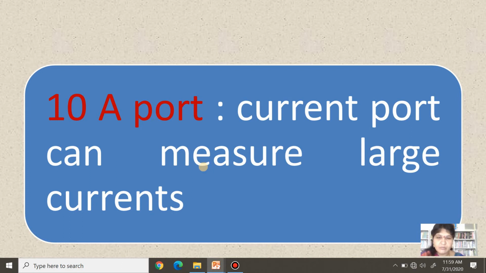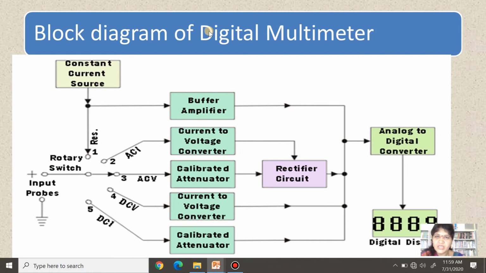Now let us come to the block diagram of the digital multimeter. Since it is used for voltage, current and resistance measurement, the block diagram covers the procedure for all three types of measurements.